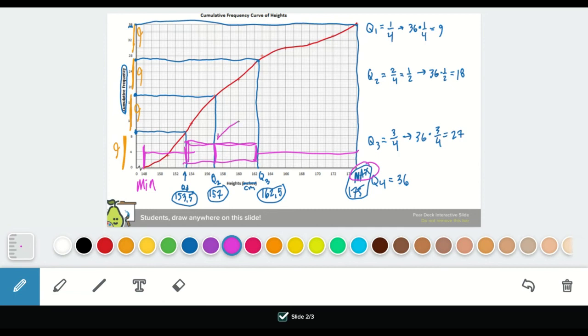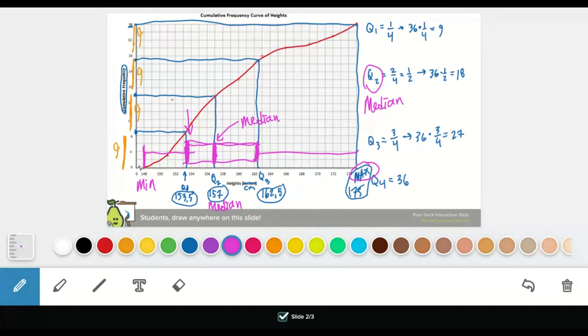And then you notice that, oh, look at that, that's our median. This middle portion here represents the median on the box and whisker plot, which means Q2 is the same thing as our median. So sometimes they won't say Q2, they'll say median, but it's the same thing. Then we have lower quartile and upper quartile.